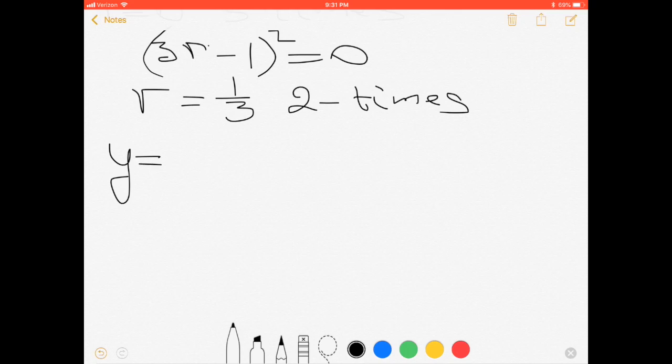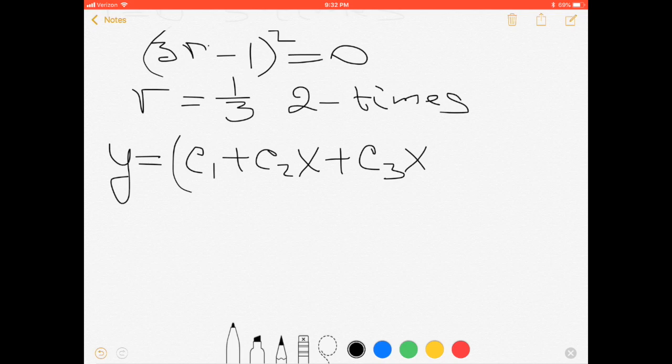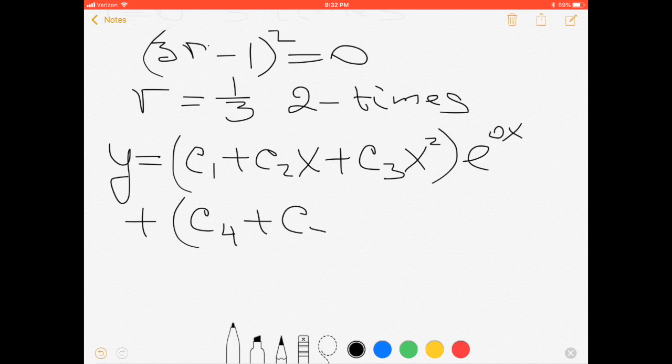The general solution will be (c1 plus c2 x plus c3 x squared) e to the 0x power, formally I am writing only how we have in the formula, plus (c4 plus c5 x) e to the x over 3 power.